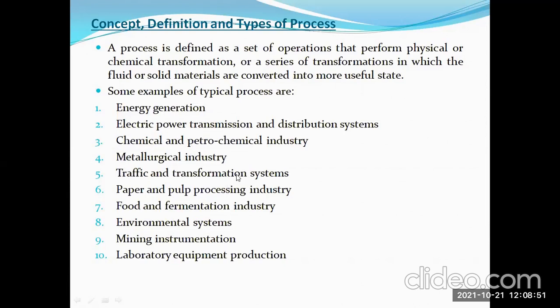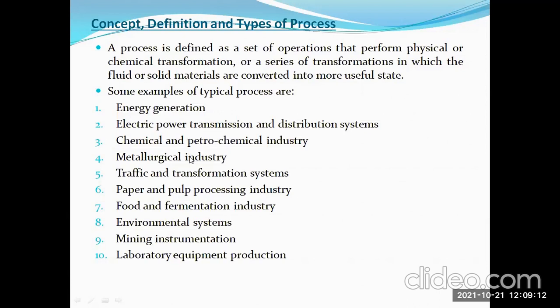Then number four, the metallurgical industry, where we have to use different types of metal, and one form is changed into another. That is the steel plant. In the steel plant, all of you know the iron ore is the raw material we have to use, and not only iron ore.